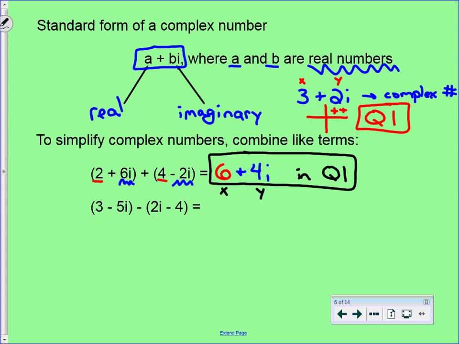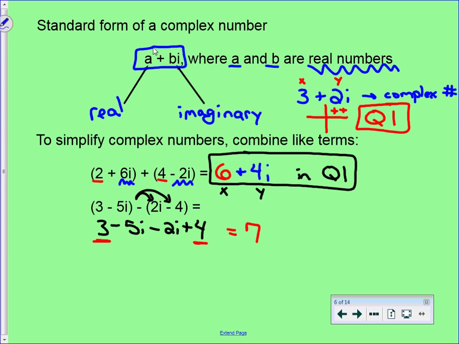If we continue now to do that same process with a subtraction piece, be careful, and just a reminder here, hopefully this is going to finally stick in some of your heads, that we have to actually distribute this negative sign to both of those terms. But now the process is the exact same. Start with the real pieces first. 3 plus your 4 is going to be equal to your 7. We always write our real number first.